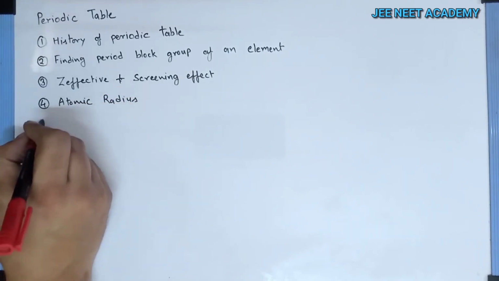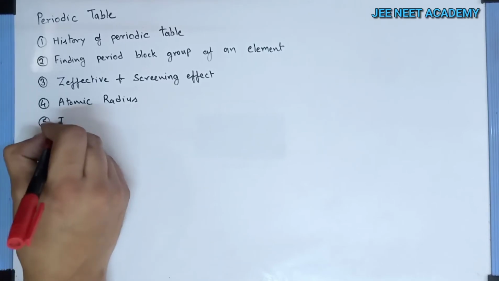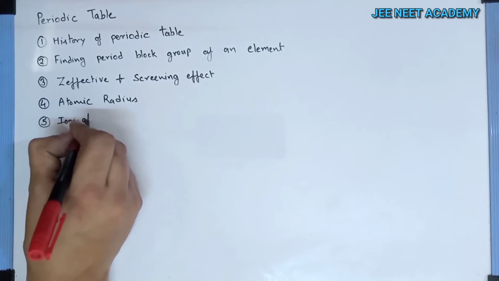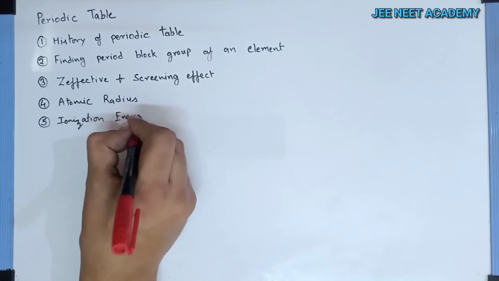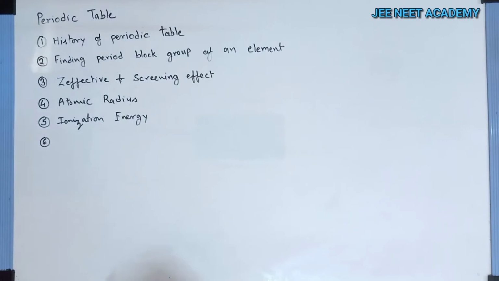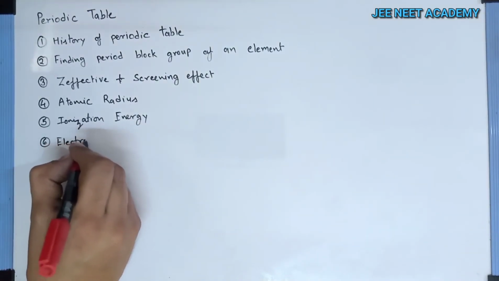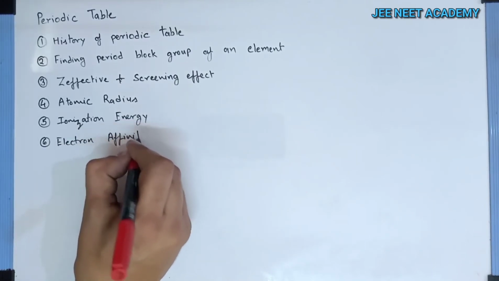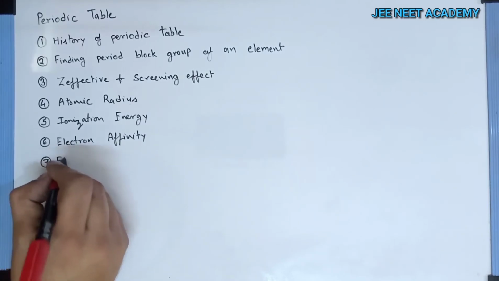Fifth, ionization energy. Sixth, electron affinity. And seventh, electronegativity.